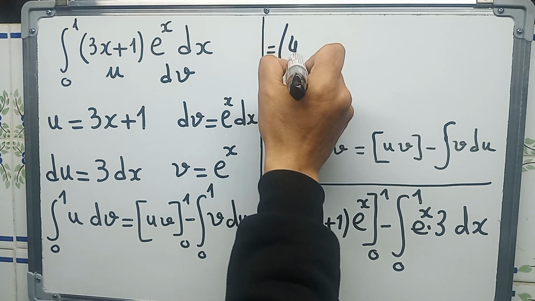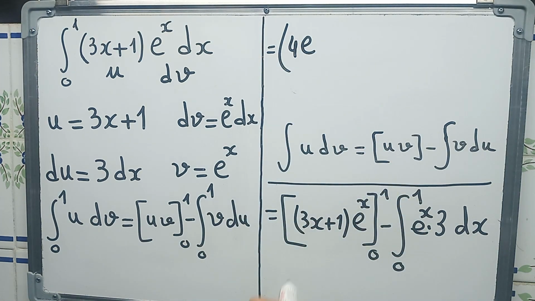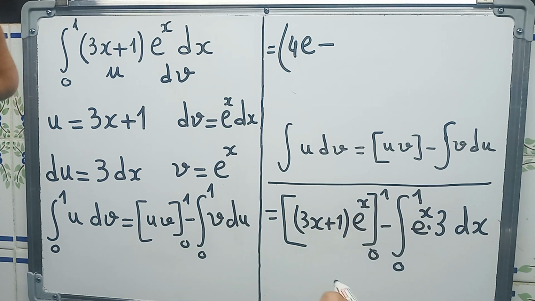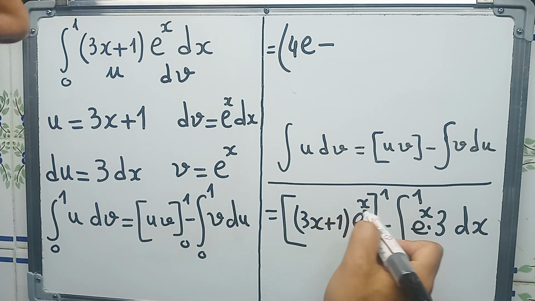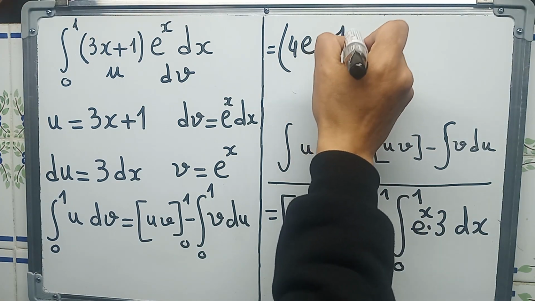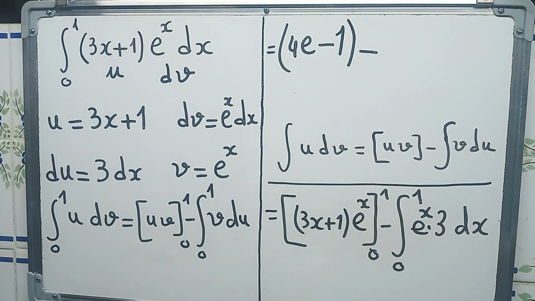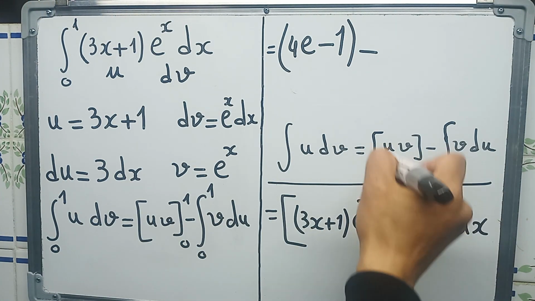So it's 4 times exponential of 1, which is e, minus, we plug 0. So 3 times 0 is 0, plus 1 is 1. And exponential of 0 is 1. So it's 1 times 1, so it's 1. Minus, and here we have 3, which is a constant. It will get out of the integral.